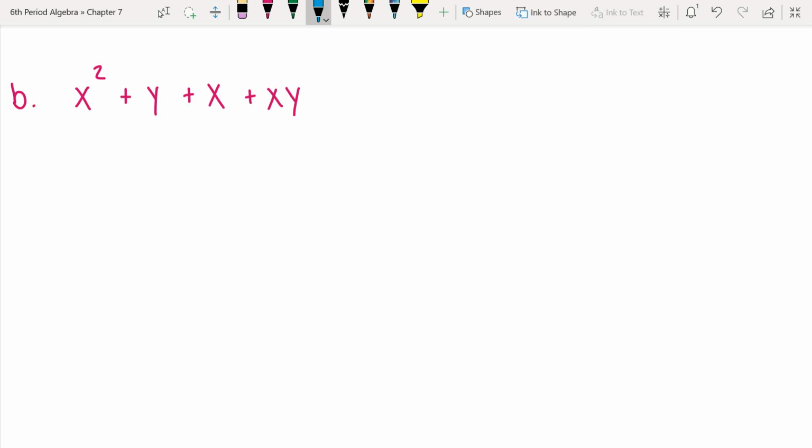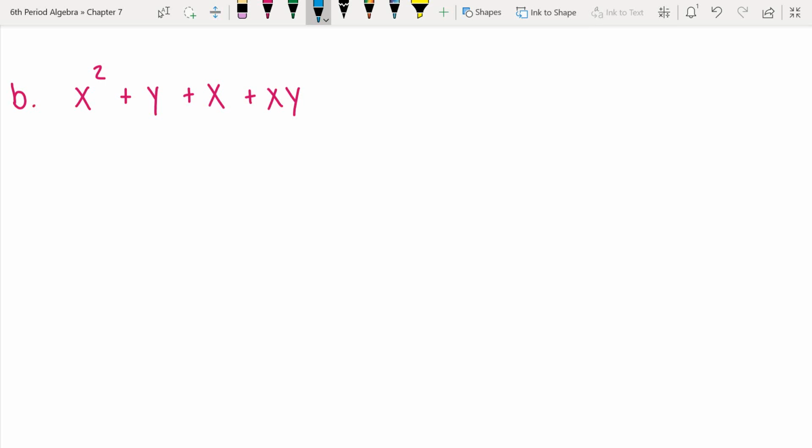It might be hard to rewrite this expression into standard form. And that's okay. It takes time to figure that out when it's only variables. But when you only have variables, you want to try to rewrite or group the common terms, the terms that have the same variables, together.